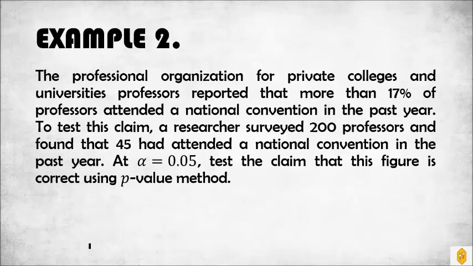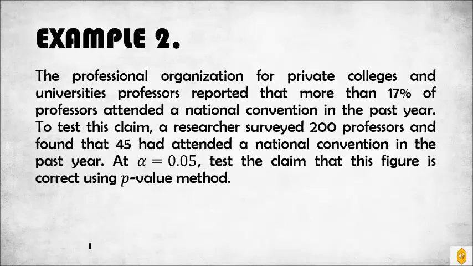So we are going to test their claim and we are going to use the p-value method to test the hypothesis. So ibig sabihin po, may maiiba lang sa ating procedure. Na-discuss ko naman last time kung ano yung procedure kapag p-value method. Kasi yung ginagawa natin sa one sample z-test, one sample t-test, and yung example 1, traditional method yung sinusunod natin.